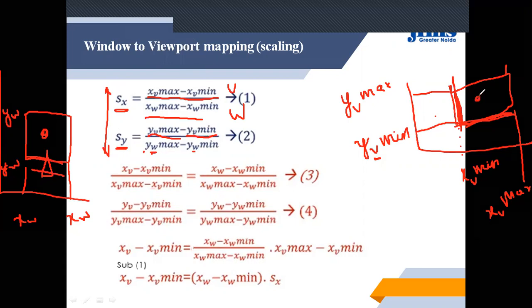So we will try to find out this distance and this distance, and take the ratio of this distance with this one.